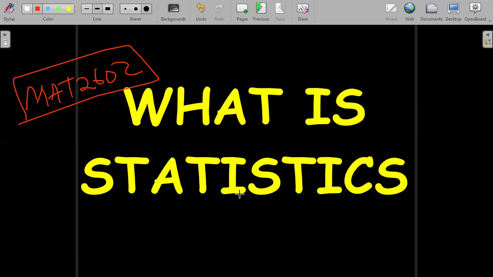But in this class, I'm going to concentrate on the population and the sample. Why am I doing that? Because everything you're going to do in statistics will be based on the population or a sample. They'll give you information about the population and ask you to find something about the sample, or give you information about the sample and you use it to find something about the population.